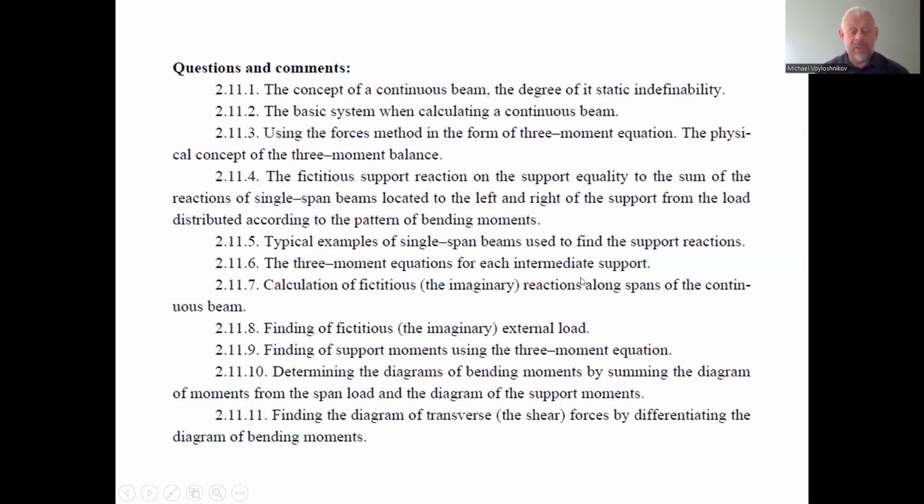The moment equation is written for each independent intermediate support. We have the formulas for calculating fictitious, assumed or imaginary reactions along the spans of a continuous beam.